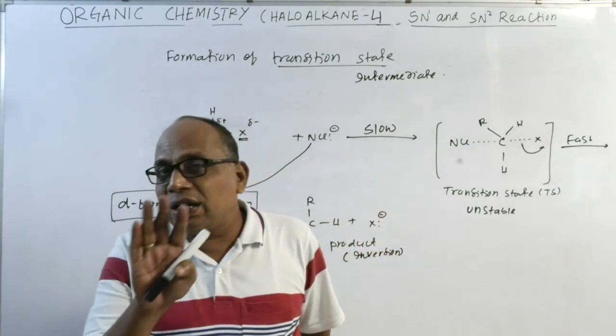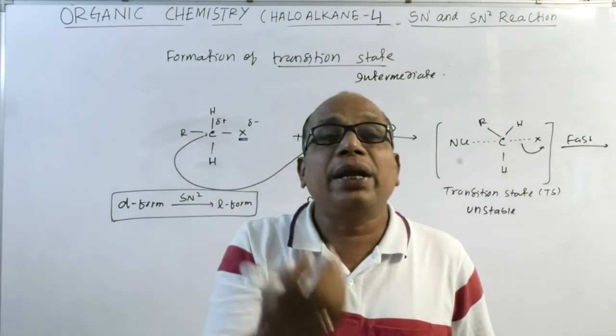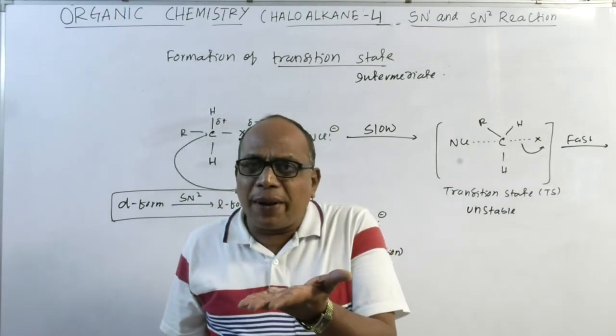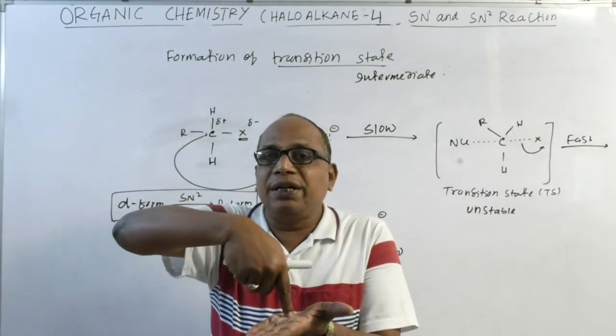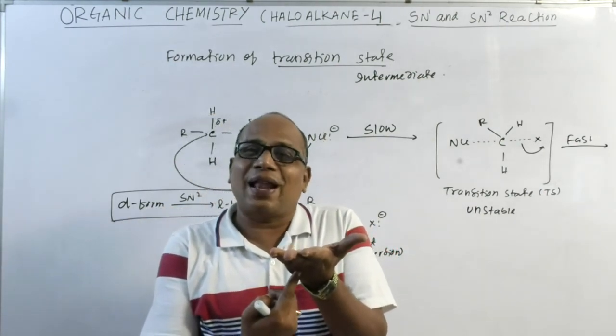Because in SN1 reaction, the nucleophile attacks the intermediate carbonium ion, which is trigonal planar: attack above the plane gives D form, attack below the plane gives L form.